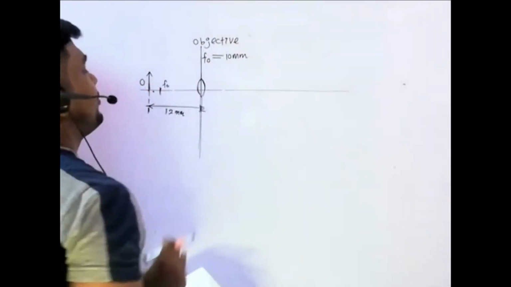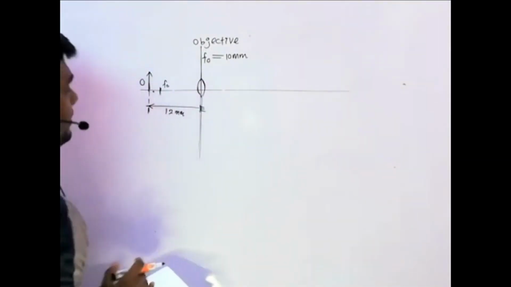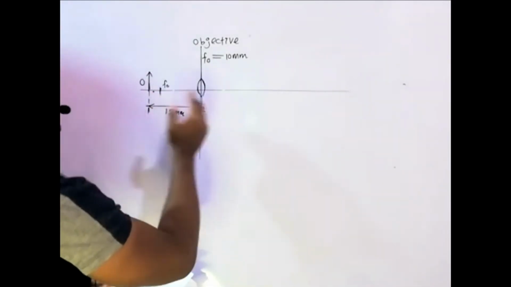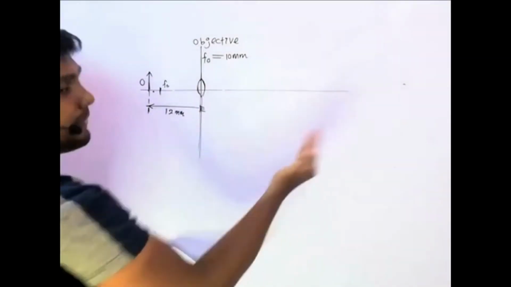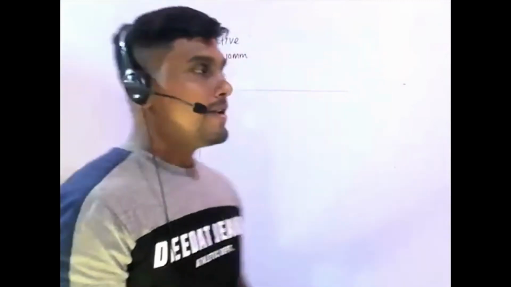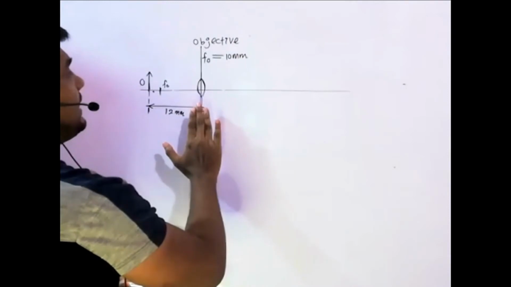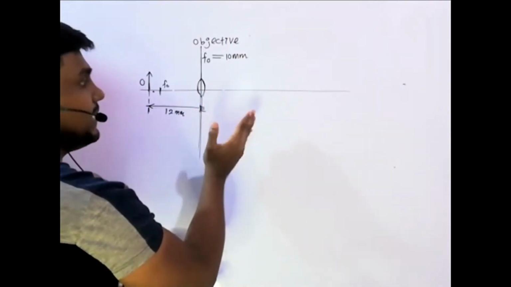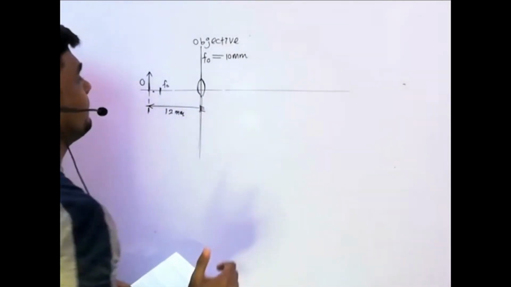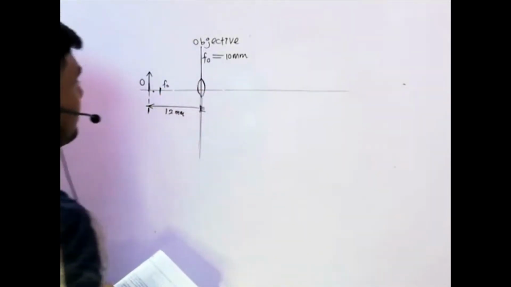It produces an image. Where should that image be? Whenever your object is between FO and 2F, your image should be beyond 2F on the opposite side. So when you find the image distance, definitely the image distance should be greater than 2F. Okay, we'll check that.